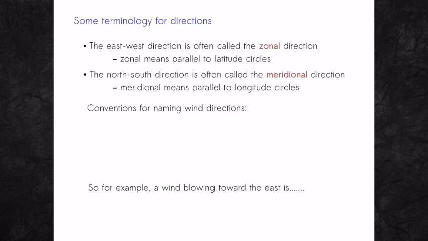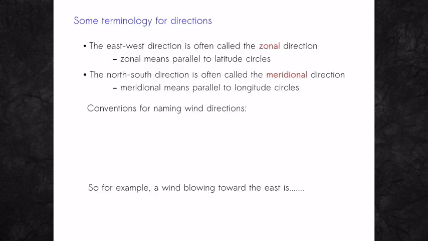So we're more interested in the direction that the air mass is coming from, i.e. the direction the wind is coming from, than the direction that it's moving towards. Regardless, that's how we roll in the atmospheric sciences. When we're talking about wind directions, we talk about the direction the wind is coming from.